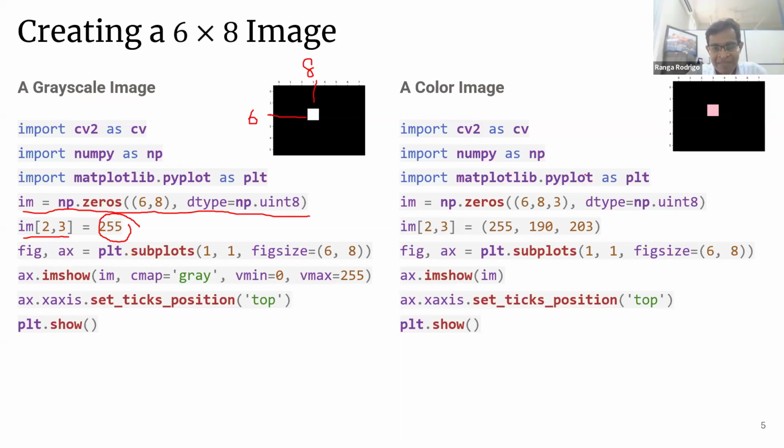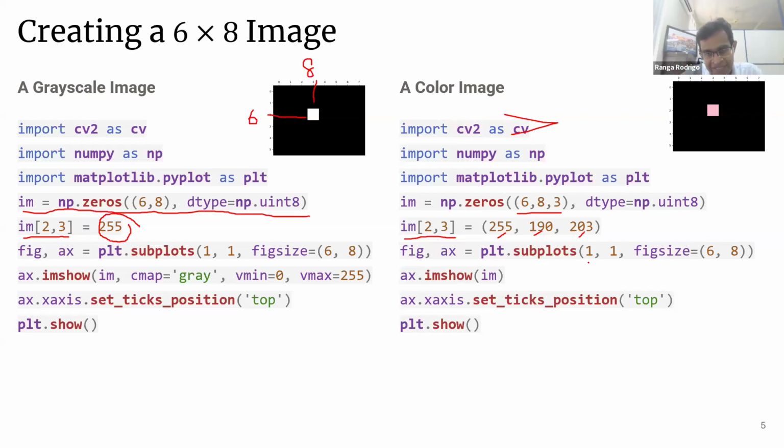But when you do the same thing to produce a color image, you can see 6 times 8 times 3, because there are 3 planes in the color image. And when you set the pixel also, you have to give 3 numbers. Now, these 3 numbers correspond to the 3 colors. Since we are creating everything in this case using NumPy, although we have imported OpenCV, we are not doing anything with OpenCV.